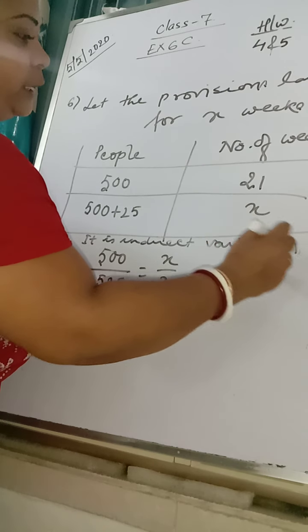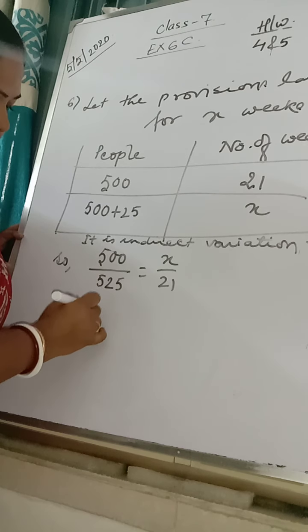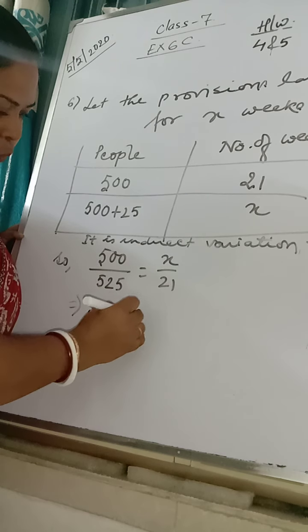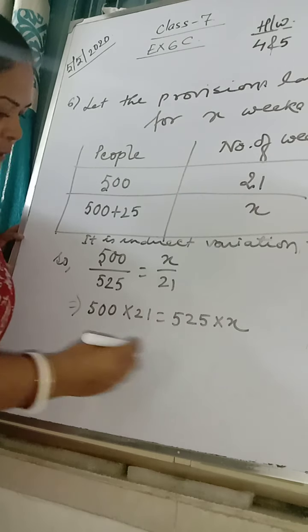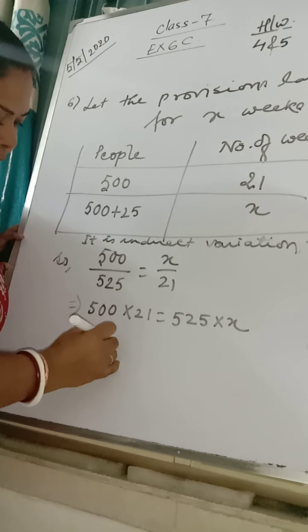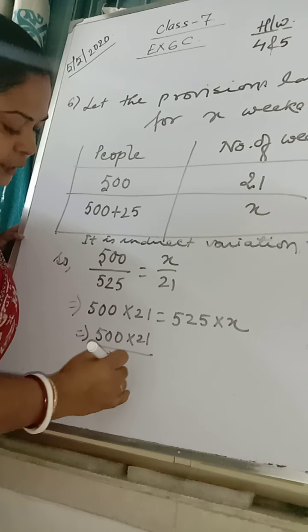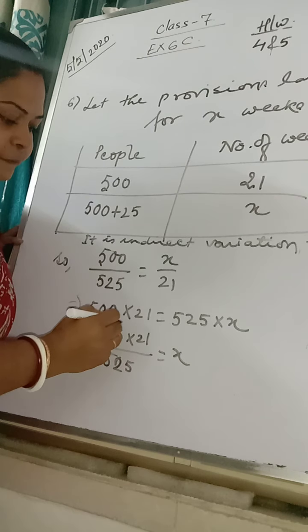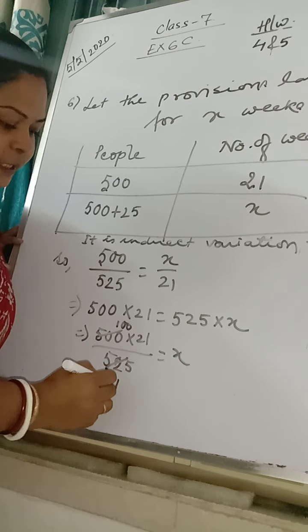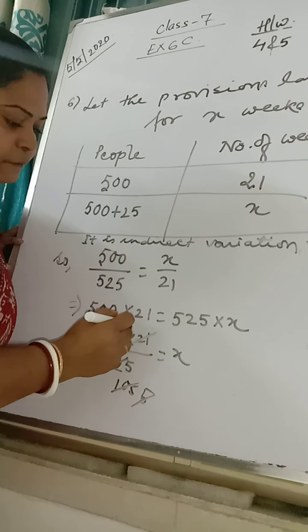If you want, you can use this sentence, no problem. Or it gives you 500 into 21 is equal to 525 into X, or 500 into 21 by 525 is equal to X. Now 5 fives are 25, 21, 5s are 5, 20s are 20.